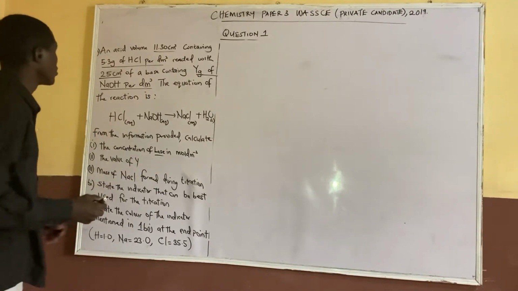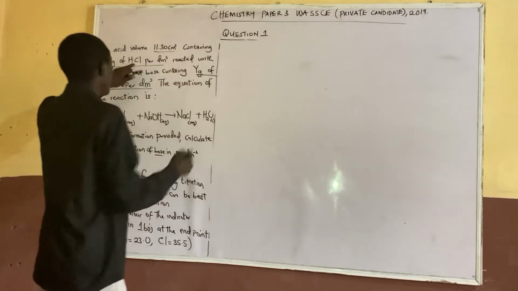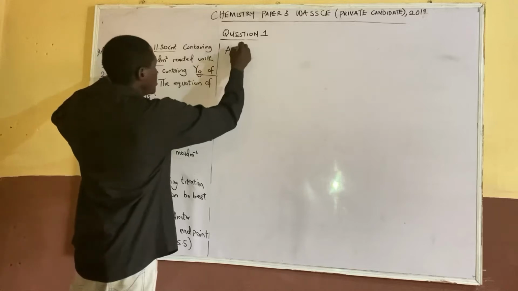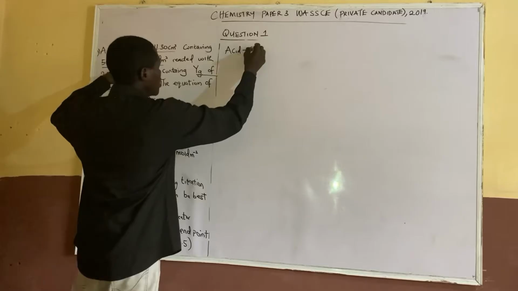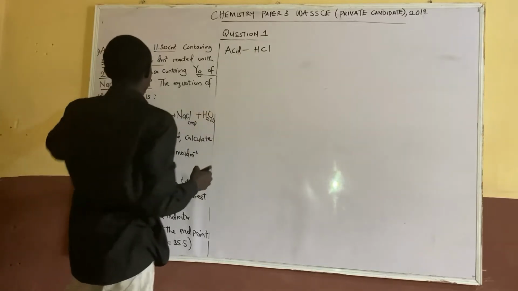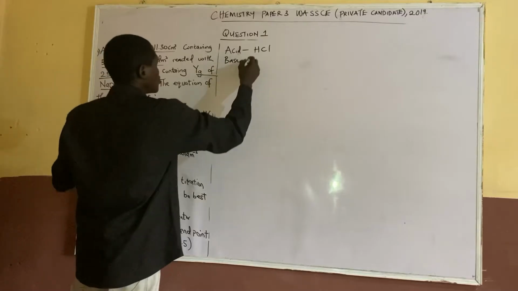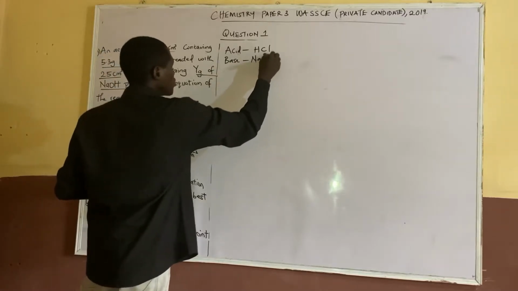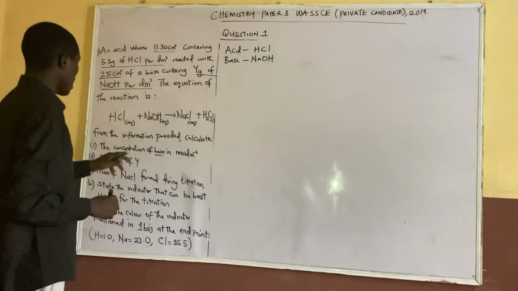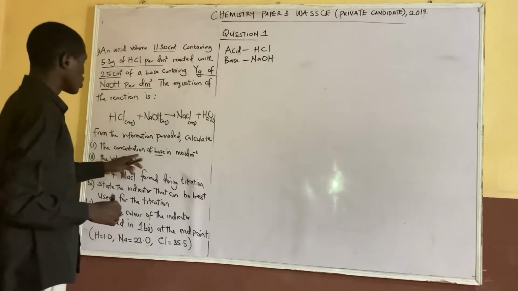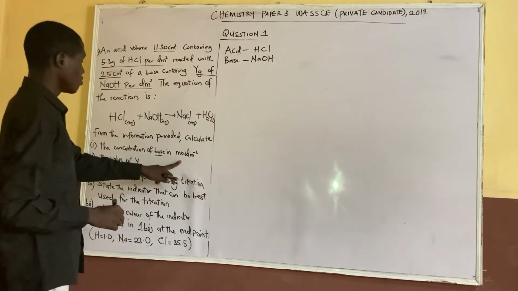As you can see from the question, our acid is HCl, and our base is sodium hydroxide. Now, we have to calculate the concentration of the base in mole per dm3.